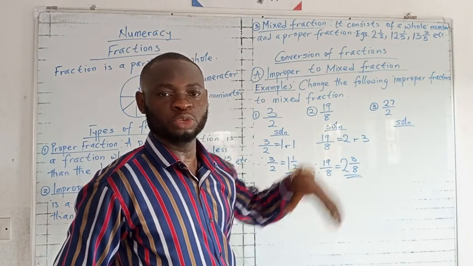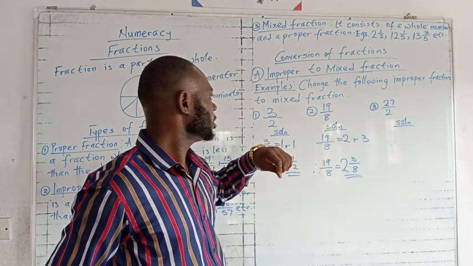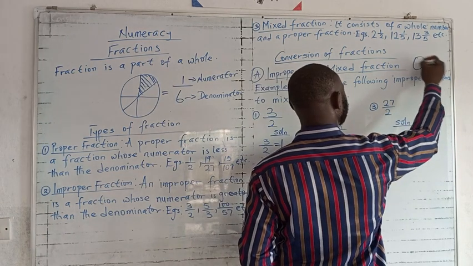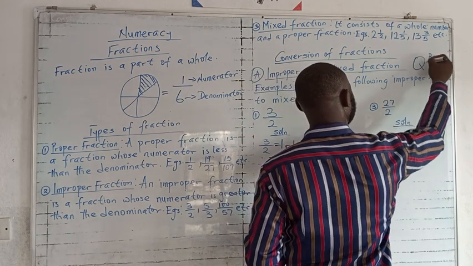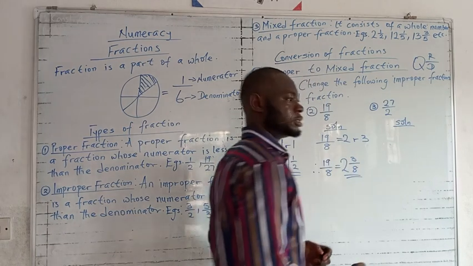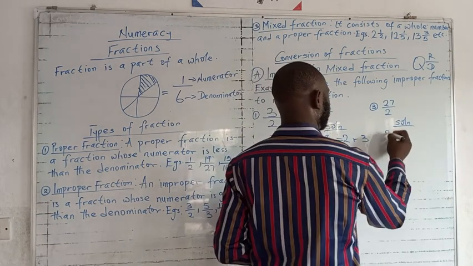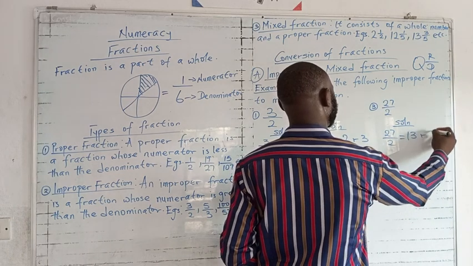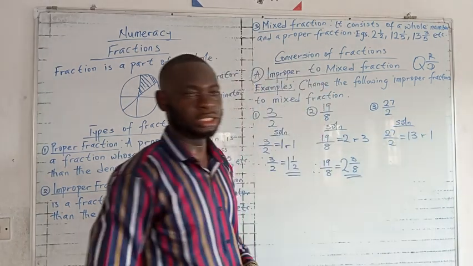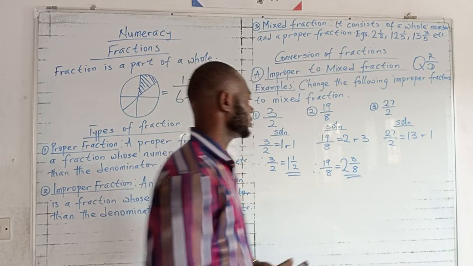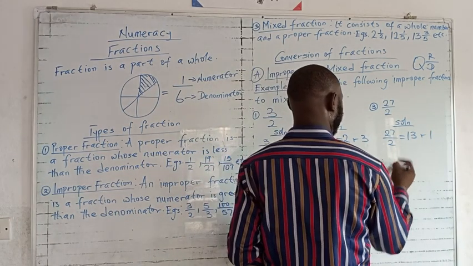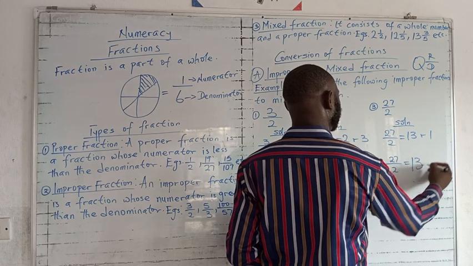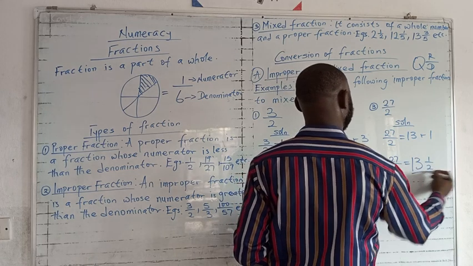Then once we've obtained the quotient and the remainder, we now express it as a quotient whole number, remainder over denominator. So let's do that. 27 divided by 2 is equal to 13 remainder 1, because 13 times 2 is 26. Therefore, 27 over 2 equals 13 whole number 1 over 2.